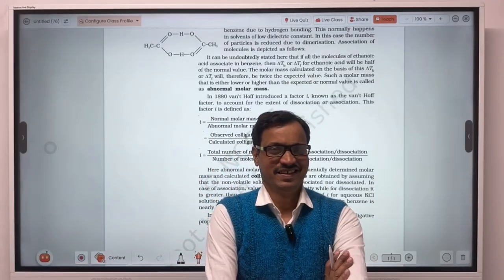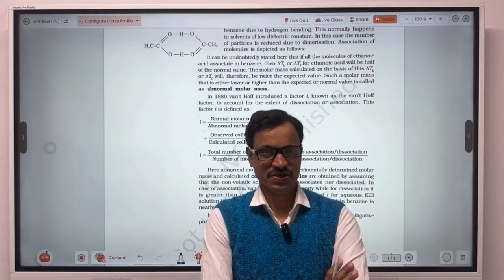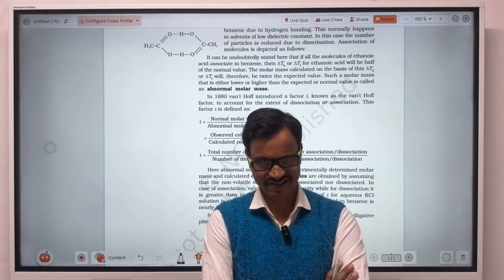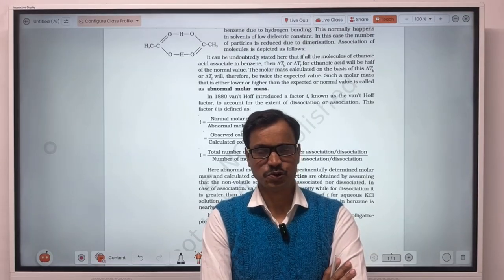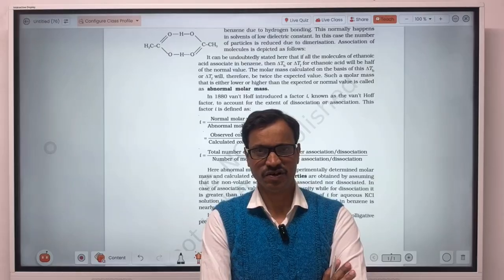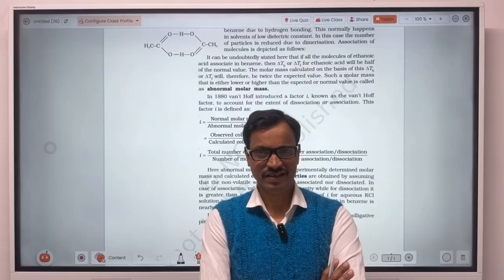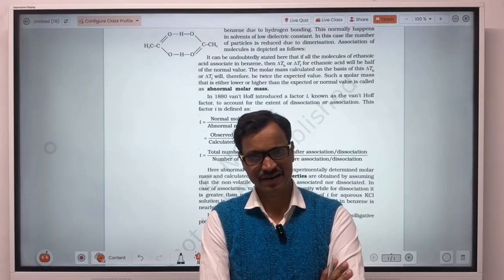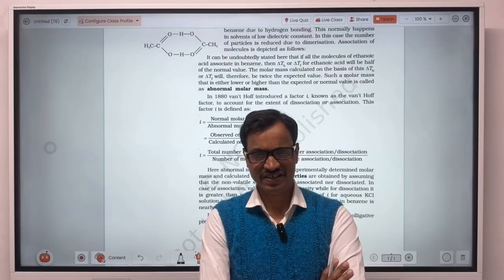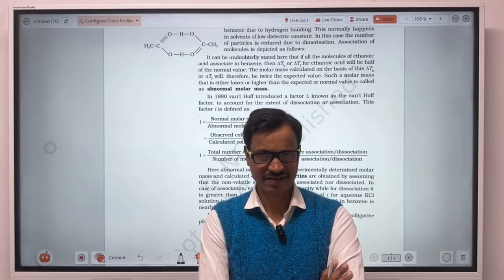That was about when there is dissociation of particles when the solute dissolves in the solvent. Now we will consider when there is association of particles when the solute dissolves in the solvent.